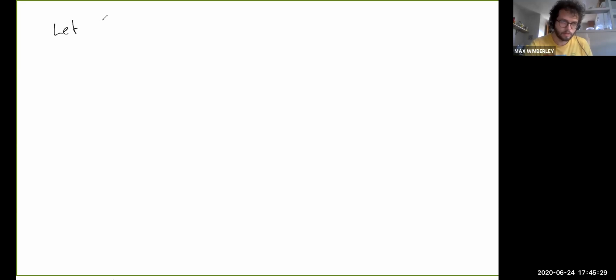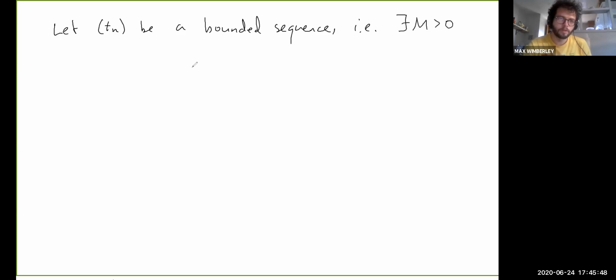So let Tn be a bounded sequence. So there's a number m such that the absolute value of Tn is less than m for all n.